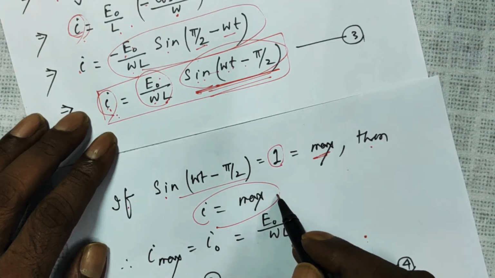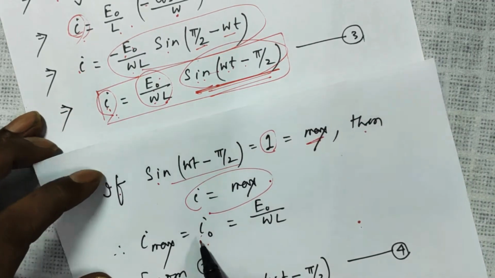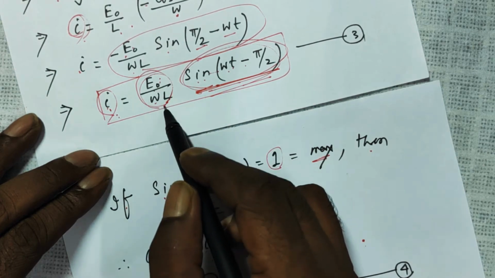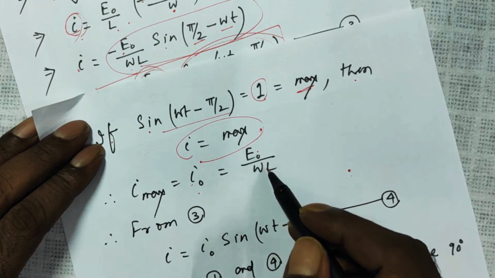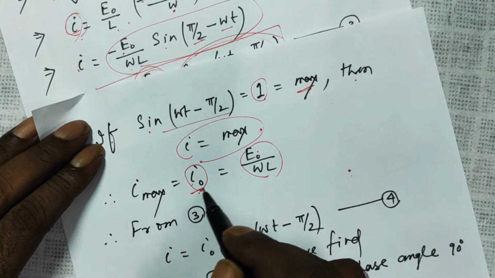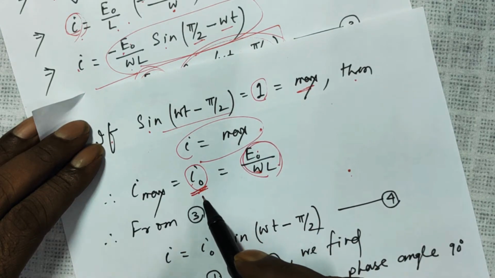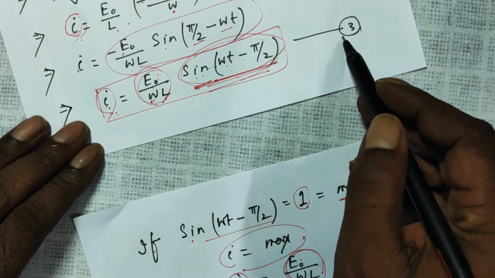And for maximum current, I am using the symbol I naught. So when this becomes 1, E naught over omega L is your maximum current I naught. So for this, now substitute I naught in this equation 3.